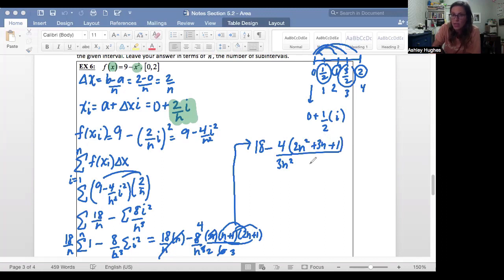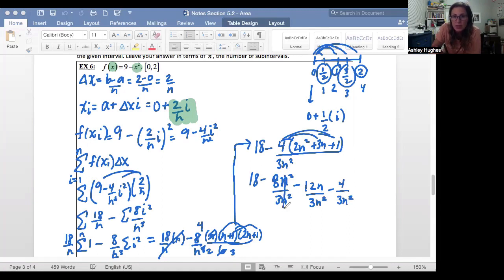And then if I do that, I can split this apart. So I can say 18 minus, let's multiply the 4n, so that'd be 8n squared over 3n squared, minus, I'm going to distribute this 4 here, so 12n over 3n squared, and then minus 4 over 3n squared.